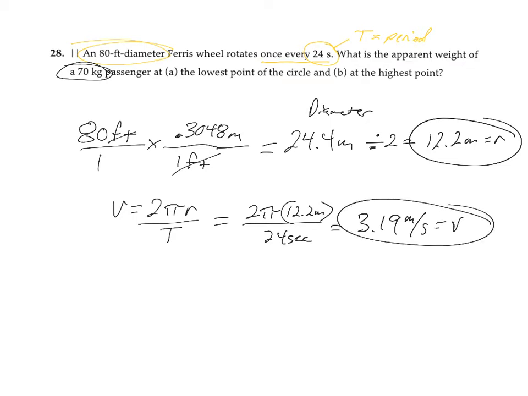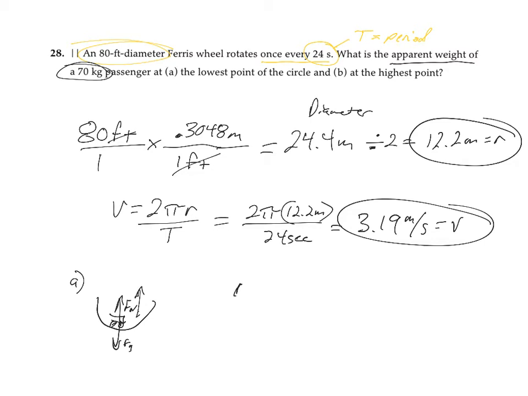All right, now I should be able to do this. I've got all my kind of ickiness worked out. So the lowest point of the circle, let's call that A, since they're calling it A. Force gravity is down, force normal is up, and I'm solving for apparent weight, which is secret physics code for force normal. The center of the circle is up.